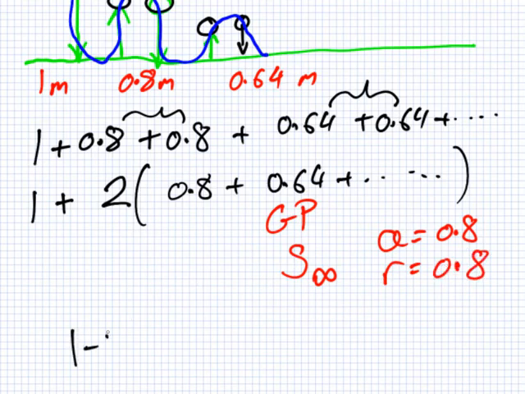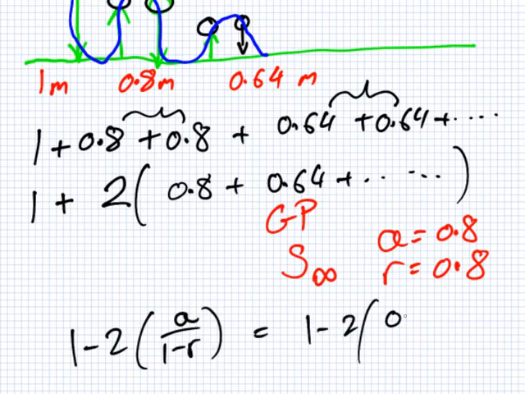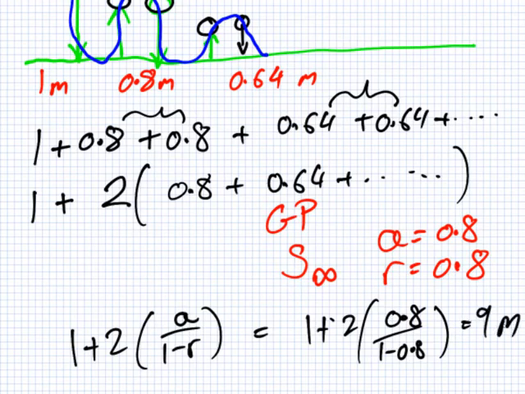So if you use your infinite GP formula, a over 1 minus r, here we got 1 plus 2 times 0.8 over (1 minus 0.8), which gives 9 meters, as you said, is the answer.